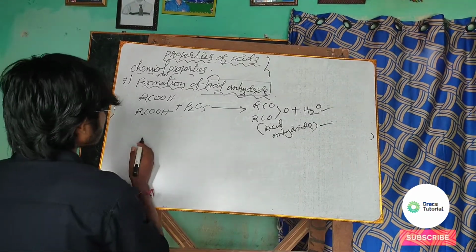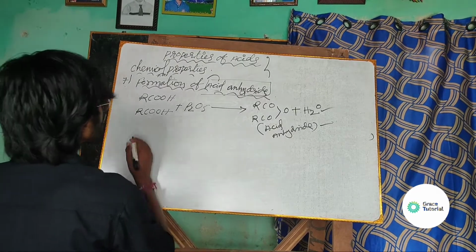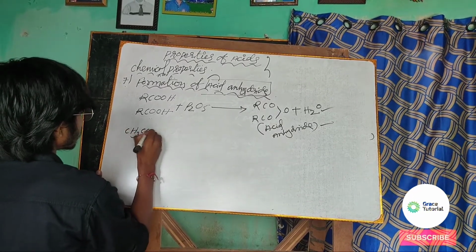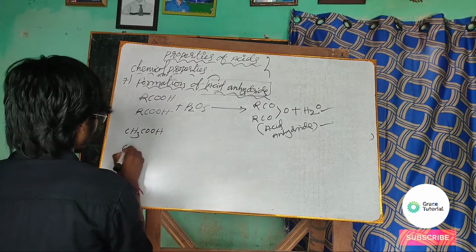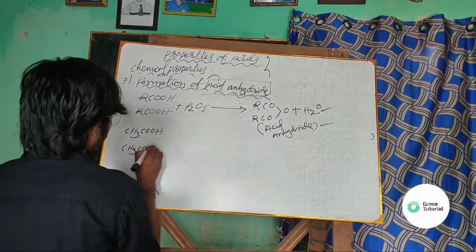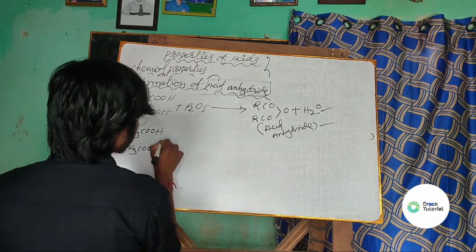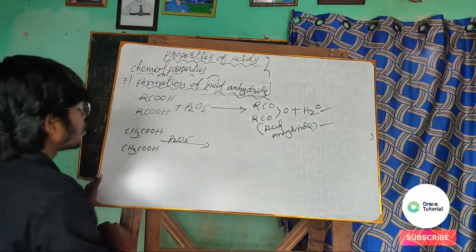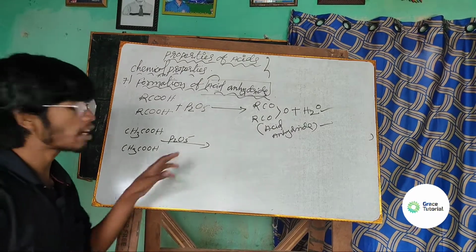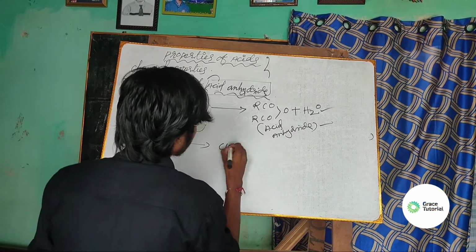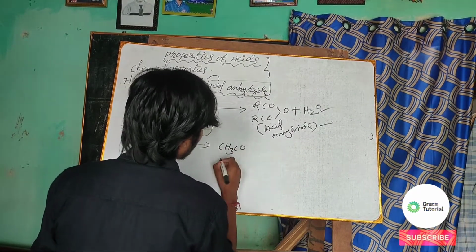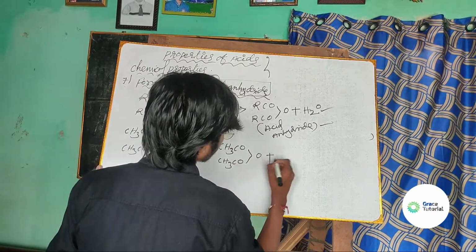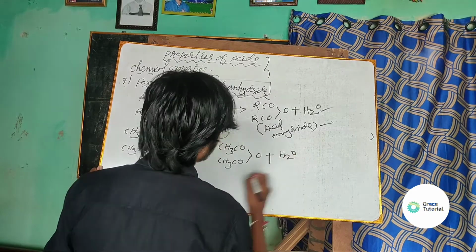Let me give you the specific example. Suppose I have CH3COOH, acetic acid. If the acetic acid reacts with P2O5, or when it is heated with phosphorus pentoxide, then CH3CO, CH3CO, this is O, and water.